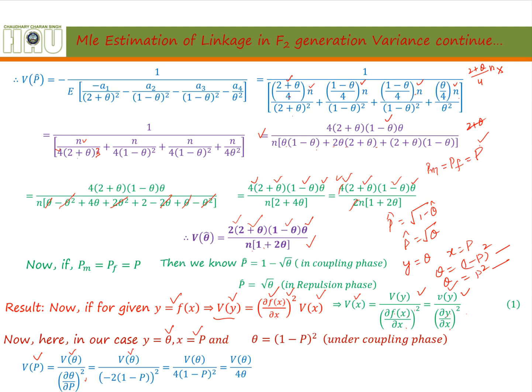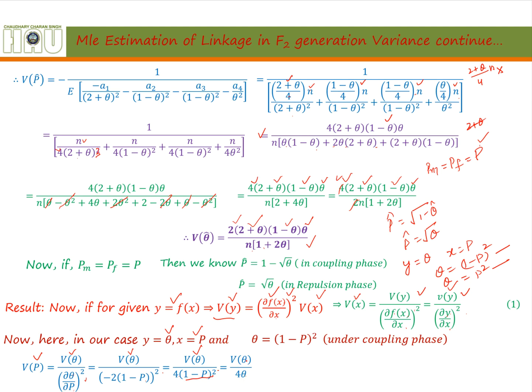So variance of theta, and ∂theta/∂p is nothing but 2 into (1 minus p), so its square is 4 times (1 minus p) whole square. Now (1 minus p) square is nothing but your theta.